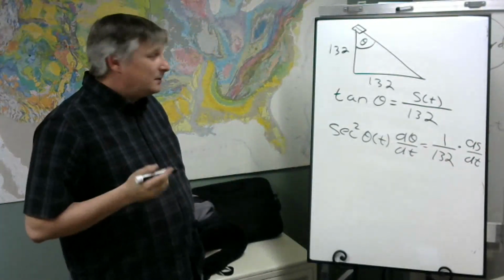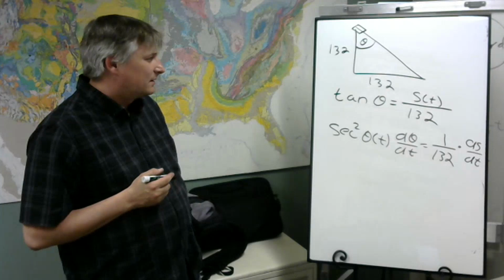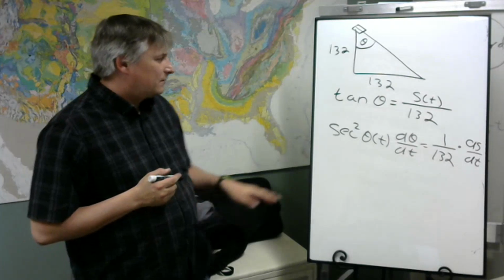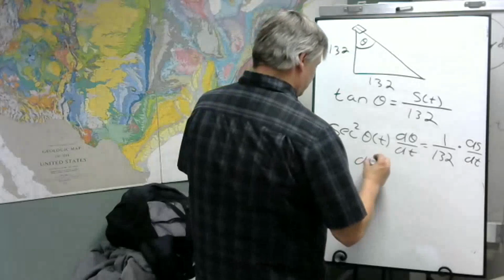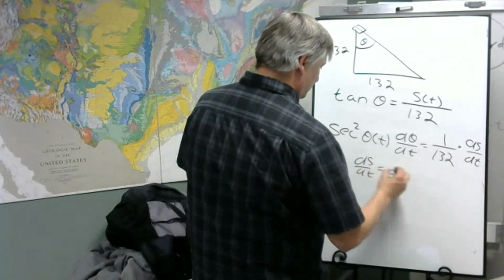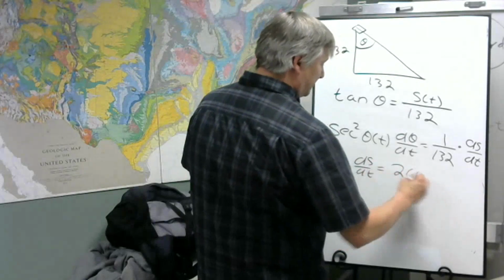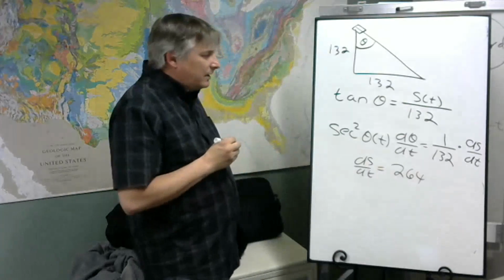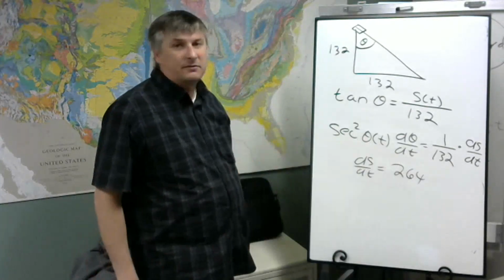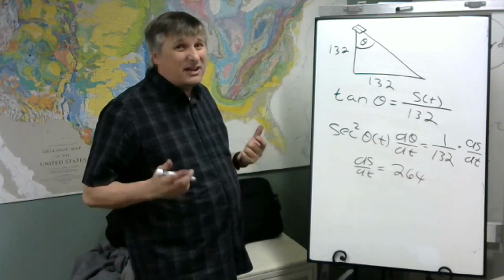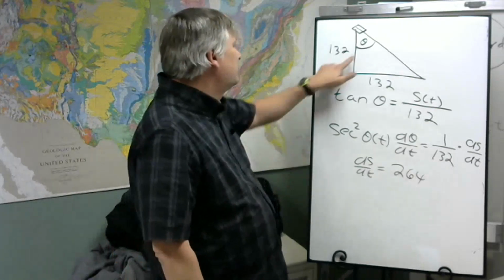So what can we do here? Well, we got ds/dt. We know what that is. It's now positive 264. Now, we want to look for d theta/dt. We're missing theta of t. In this case, we can figure it out.